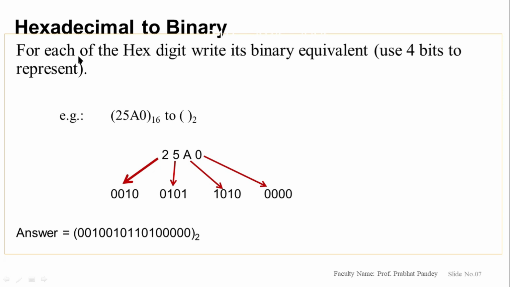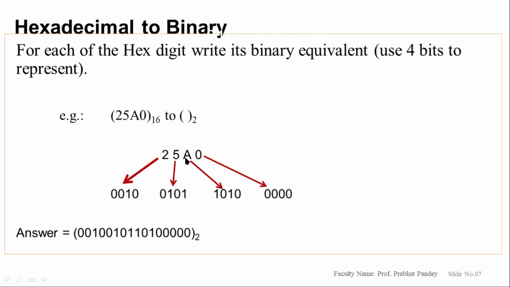Now, hexadecimal to binary number system. You can see here 25A0 is in hexadecimal and we need to convert it into binary. We are very much aware that for hexadecimal the position is 4th, so we need to write it in 4 bits. So we write 0 in 4 bits, that is 0000.